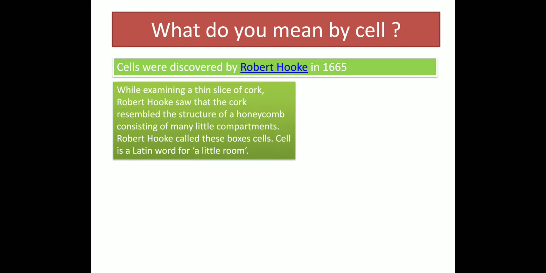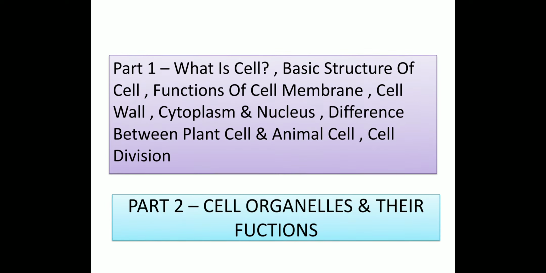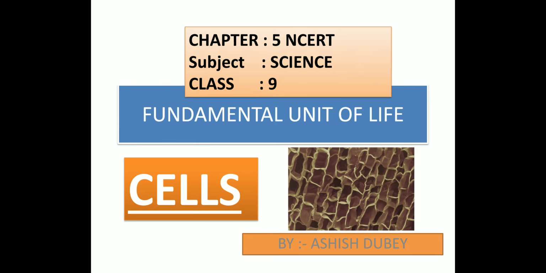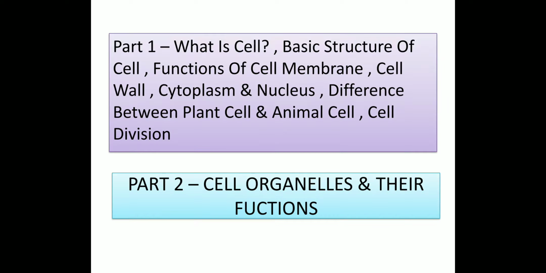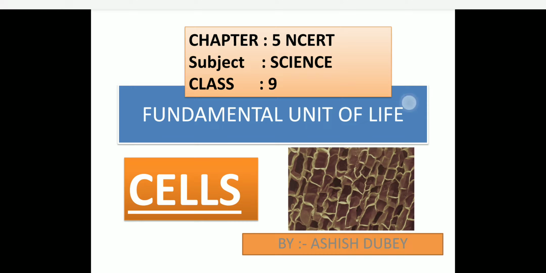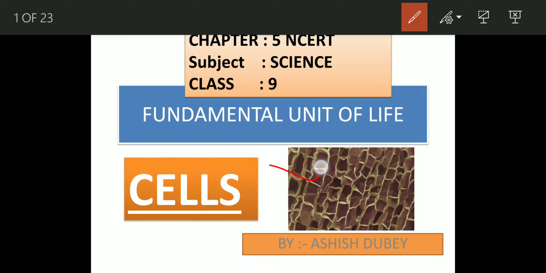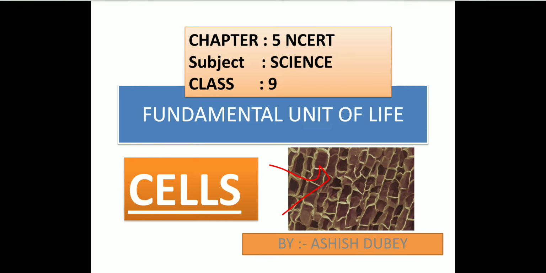He saw honeycomb-like structures. You can view this structure here, a honeycomb structure as observed by Robert Hooke, showing little compartments. So he named it a cell.